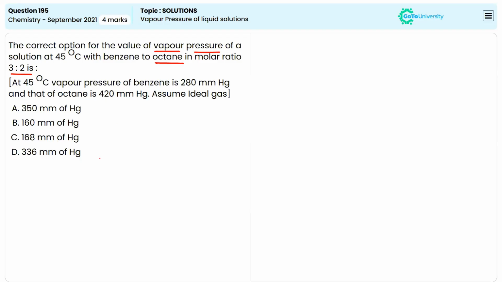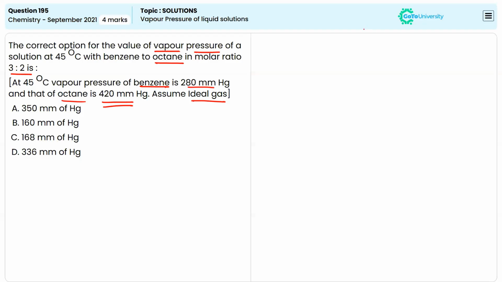The vapor pressures of benzene and octane are given separately, that is 280 mm of mercury and 420 mm of mercury, right? We have to assume these gases are ideal gases, so no need to worry about other factors.